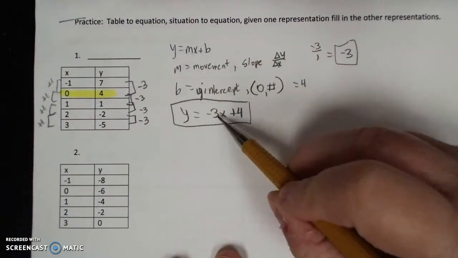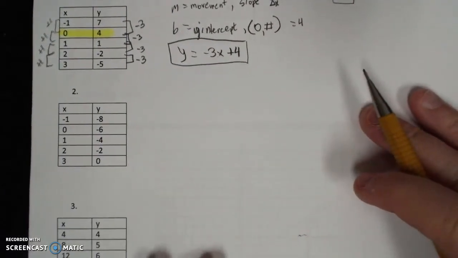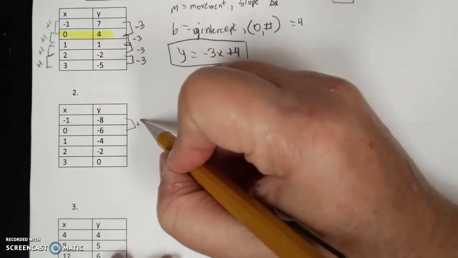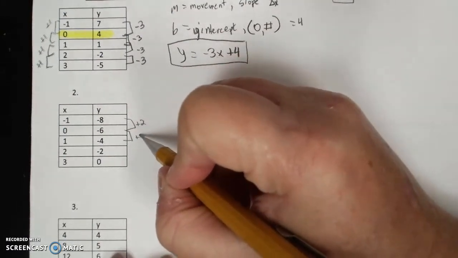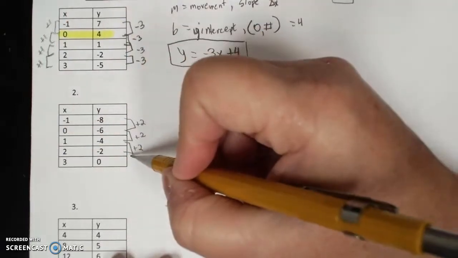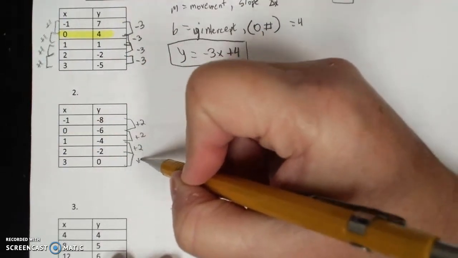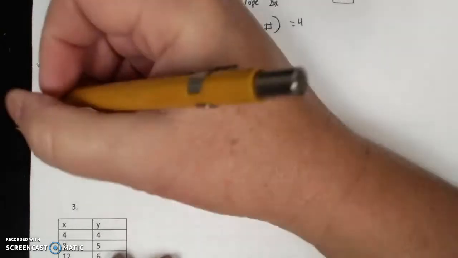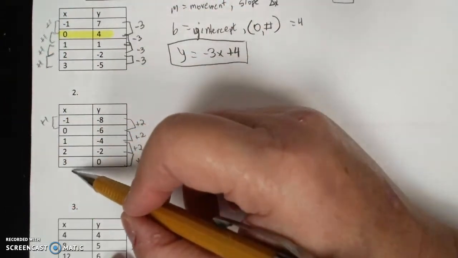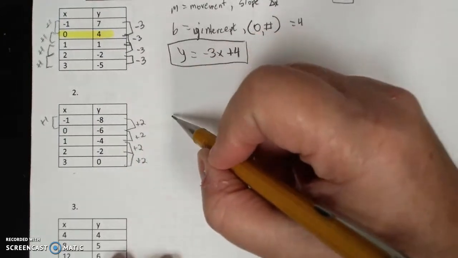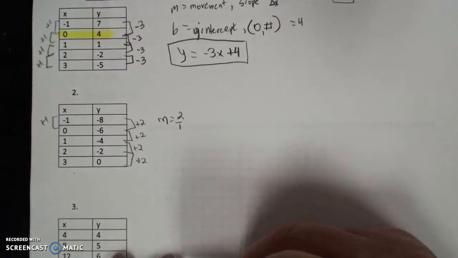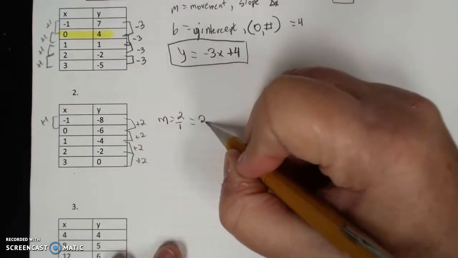Now, remember, equations have equal sides. Repeat the process. From here to here, add 2, here to here, add 2, add 2, add 2. Do not forget to do the other side. Here it's add 1, and I'm going to look, and it's all the way down. So my m is 2 over 1, which is simplified to 2.